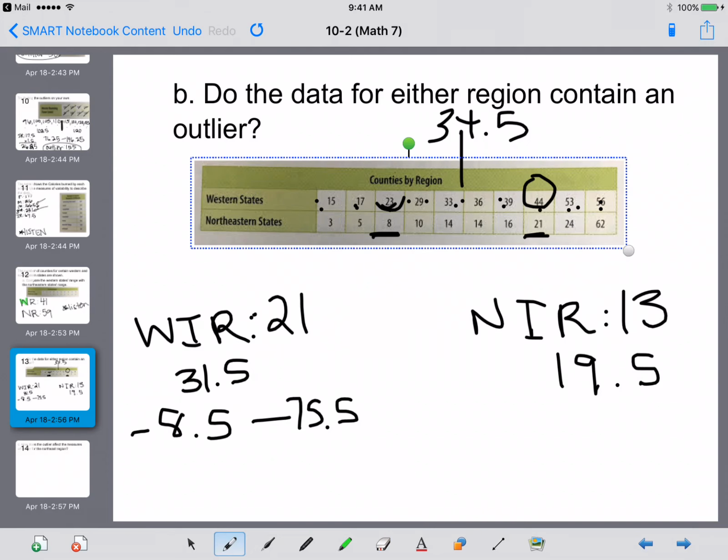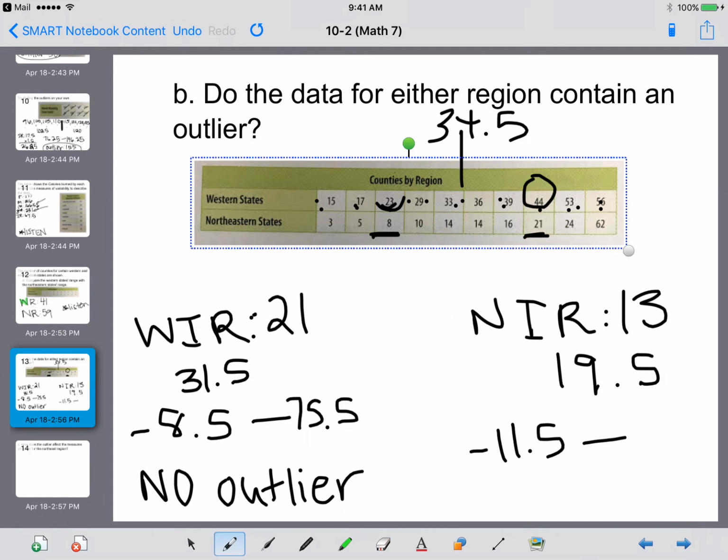Looking at that data, 15 is our smallest, 56 is our biggest. So there's no outlier for the western states. For our northeastern states, quartile 1 is 8 minus 19.5 to get us negative 11.5.